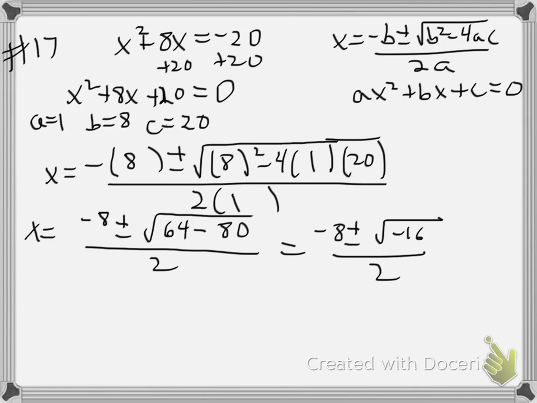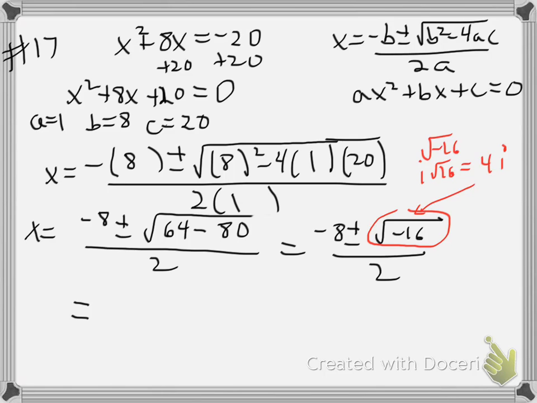Well, I remember this. Square root of negative 16 is i square root 16, which ends up being 4i. So I'm going to change this to 4i.